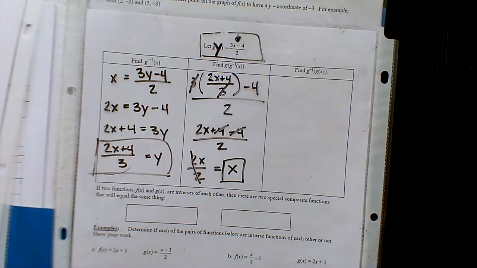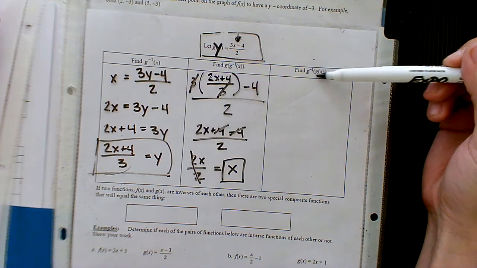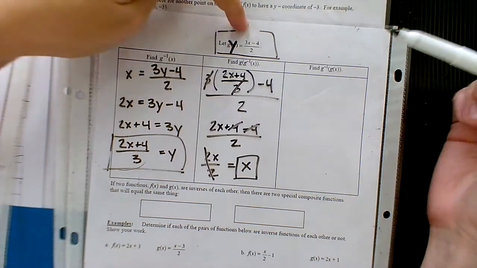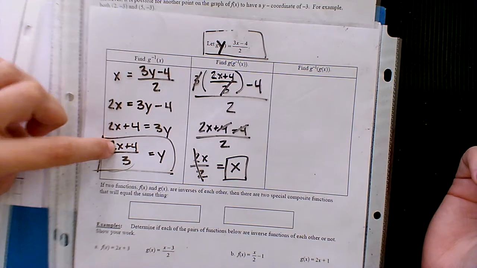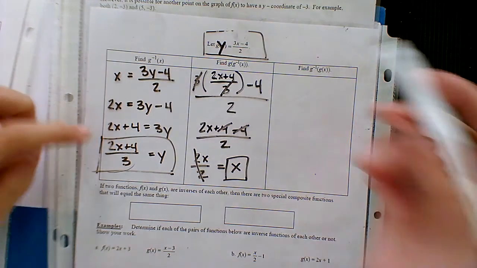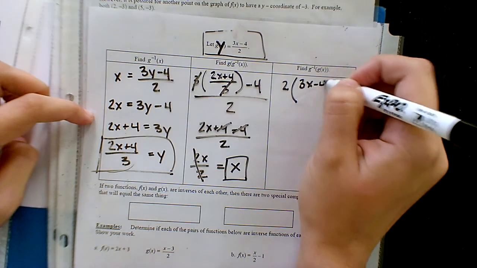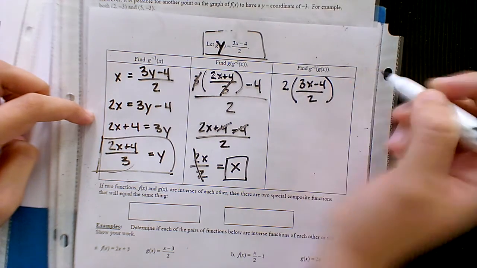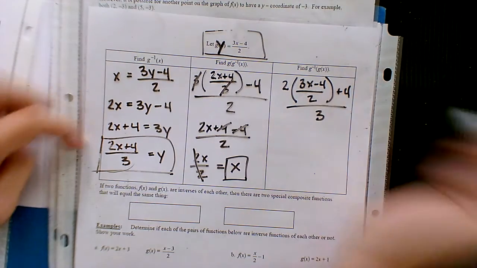Let's try the other way. Again, if you look at the notation, this time we're going to take the g of x equation, which is at the top, and plug that into the inverse equation that we found. A very similar setup, we're just doing the reverse. So we'd have 2 times 3x minus 4 all over 2, plus 4, all over 3.